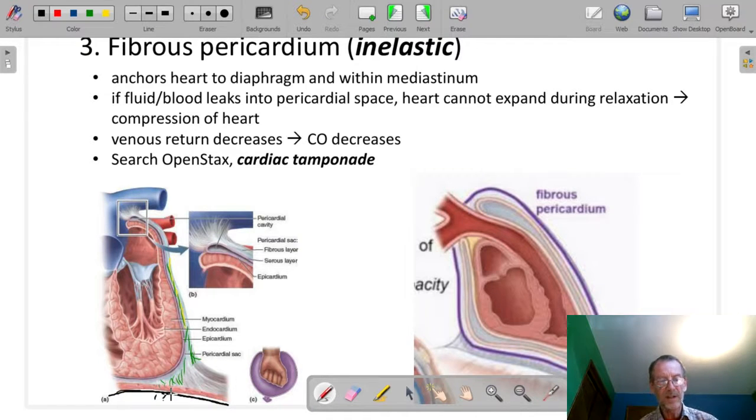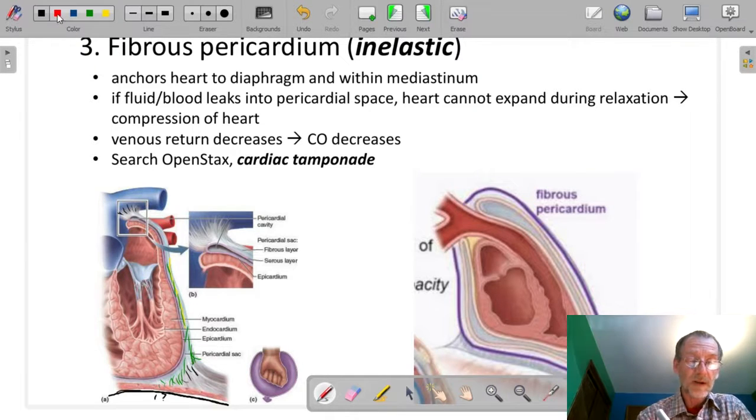It's what the heart is sitting on. That's the diaphragm. And the fibrous pericardium attaches to the diaphragm, wraps all the way around the heart, anchors it to the blood vessels, pulmonary trunk, anchors it in part to the mediastinal wall.